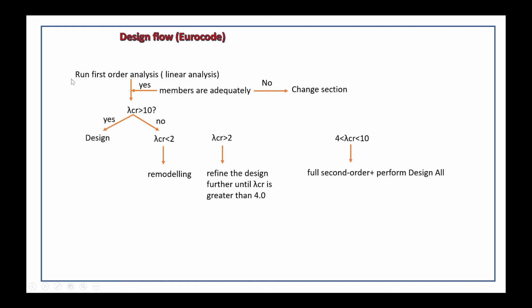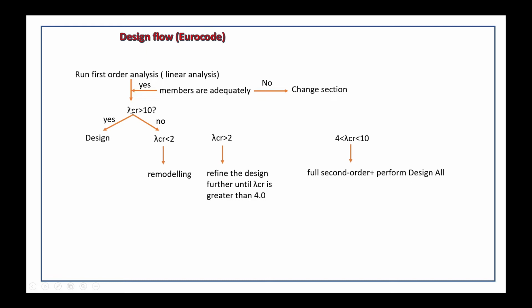We use the first order analysis and calculate lambda critical. Now check if the value is greater than 10 or lower than 10. If it is greater than 10, we can continue to design, using linear analysis to analyze and design.